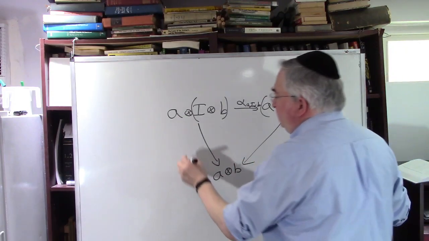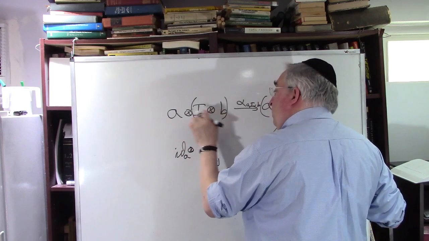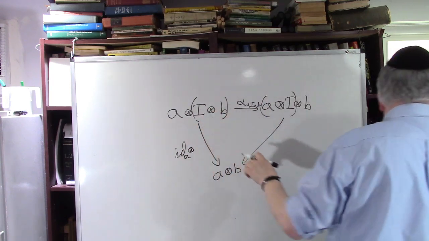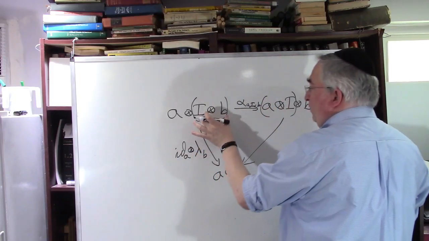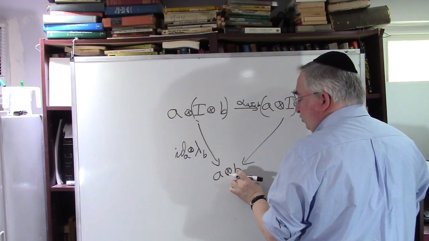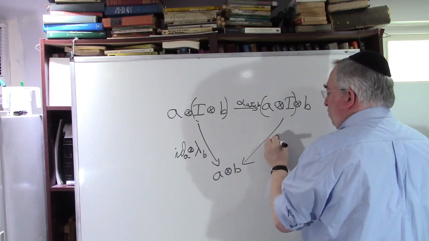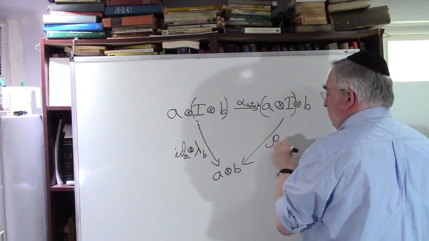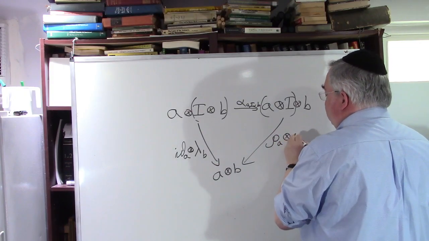Basically this is identity of A tensor lambda of B. So the I tensor B shrinks down to the B, and this is rho of A tensor identity of B.